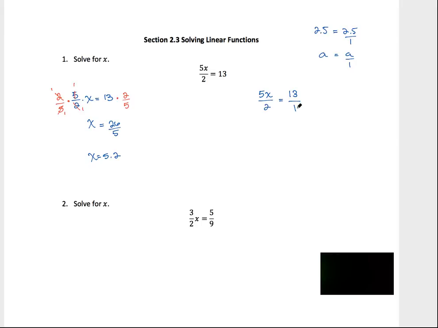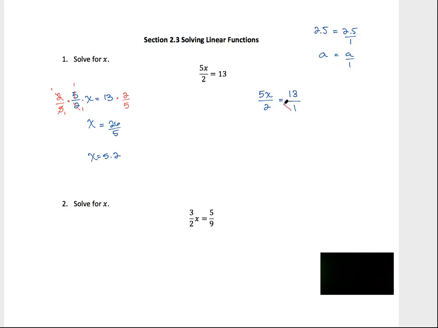What's nice about doing this is now we have a fraction equal to another fraction. So we can solve this rational expression by what's called cross multiplying. But when you're cross multiplying, you're still using inverse operations.